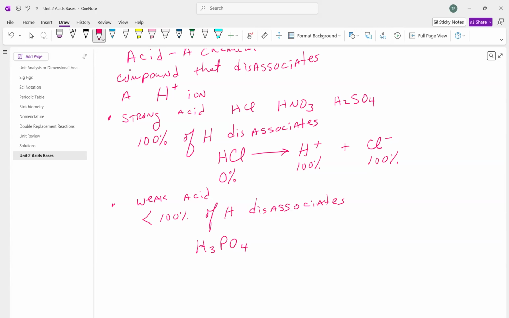Okay, so phosphoric acid is a weak acid. Now notice I have two arrows, one going and one coming. The reason for that is there is less than 100% there. It could be 10%.